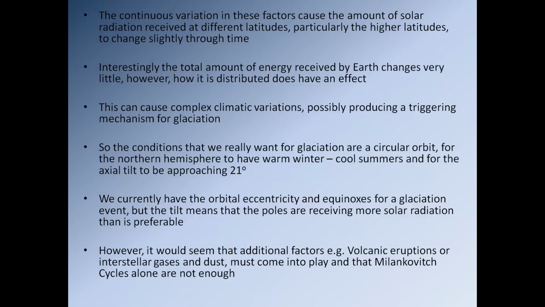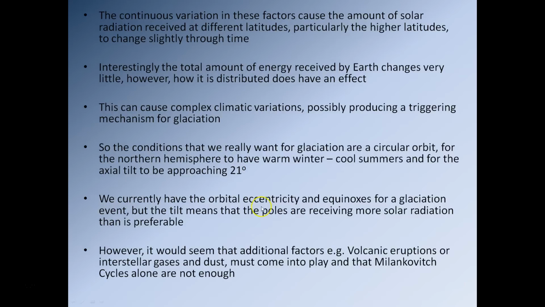So based on the Milankovitch model, the conditions we really want for glaciations are a circular orbit. In the case of a glaciation in the Northern Hemisphere, we want the Northern Hemisphere to have warmer winters and cooler summers, and we want the axial tilt to be approaching 21 degrees. Those are the conditions that we really, really want if we are likely to produce a new glacial event in the Northern Hemisphere.